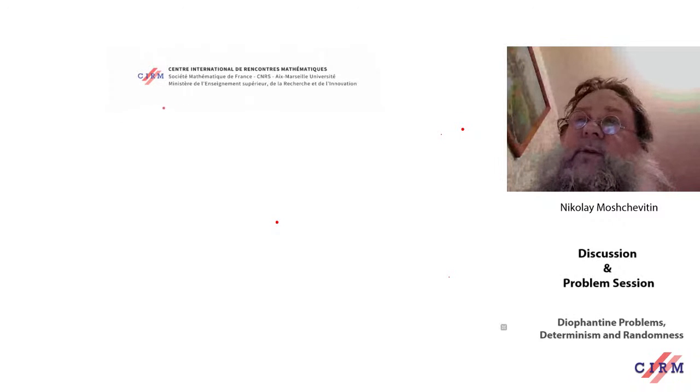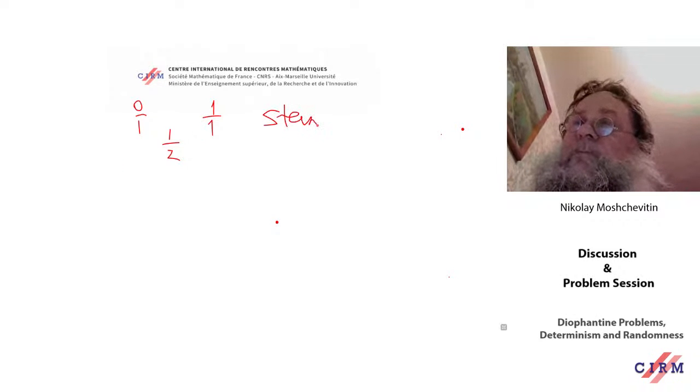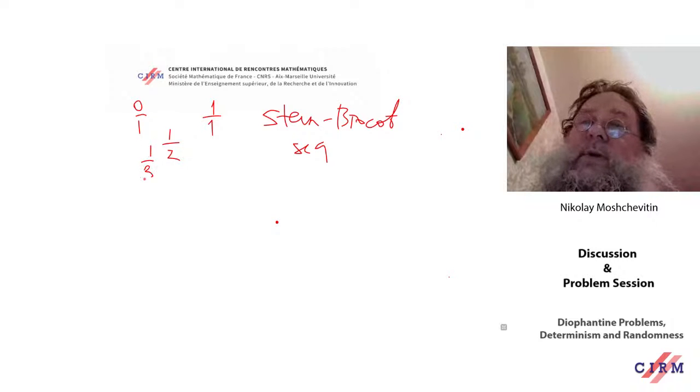We have the Stern–Brocot sequences. We have 0/1 and 1/1, and we can add numerator with numerator and denominator with denominator. So here will be 1/2, and so on. Here's 1/3, here's 2/3, and so on.